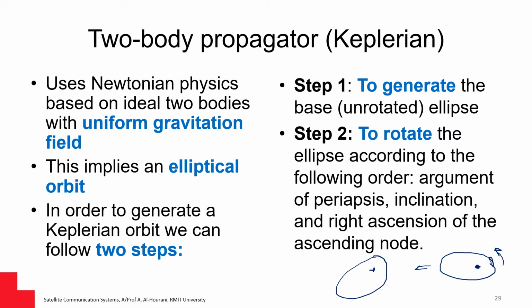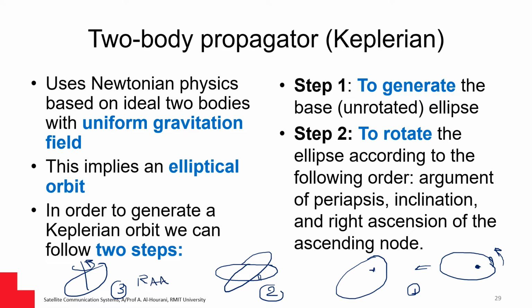The second rotation, we need to rotate the orbital plane itself against the equatorial plane. I'm going to draw an equatorial plane, and here is the orbital plane. The angle between them we call the inclination. The third rotation is that we need to rotate the orbit itself around the z-axis, and we call this rotation the right ascension of the ascending node.